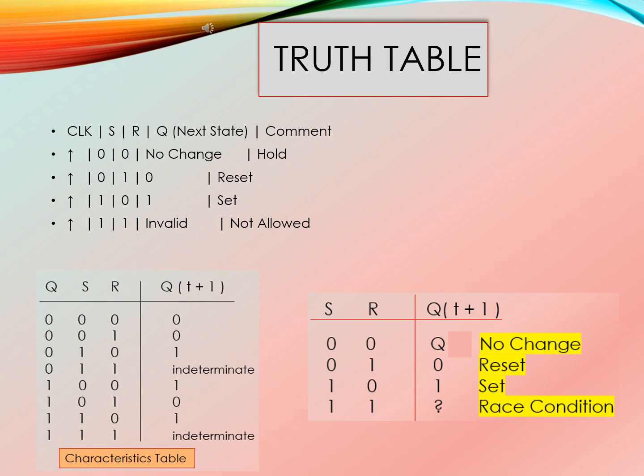Then Q becomes 0 when S is 0 and R is 1. This is reset. But if both S and R are 1, the output becomes invalid. This means the race condition. This limitation is one of the reasons for developing the JK flip-flop, which we will discuss next.